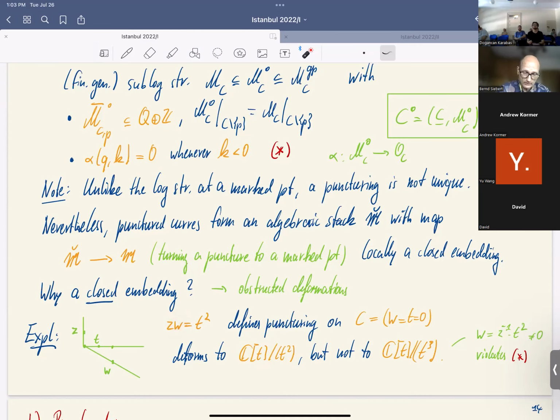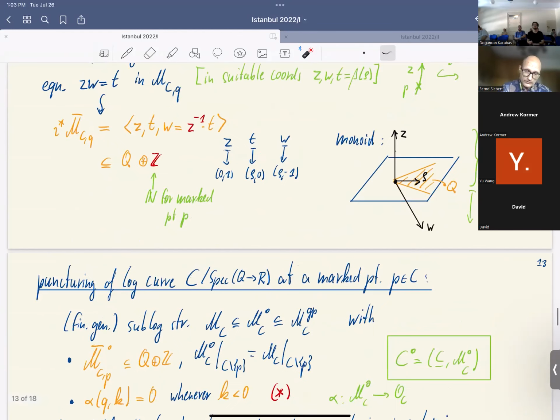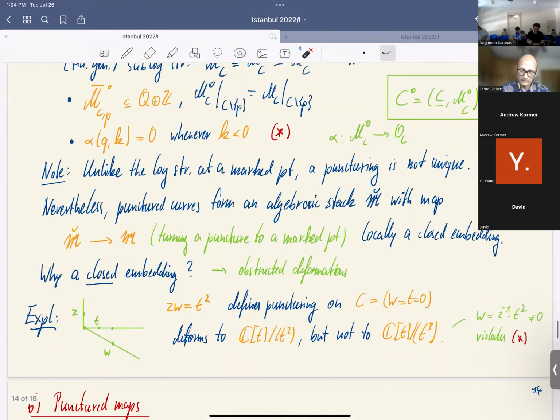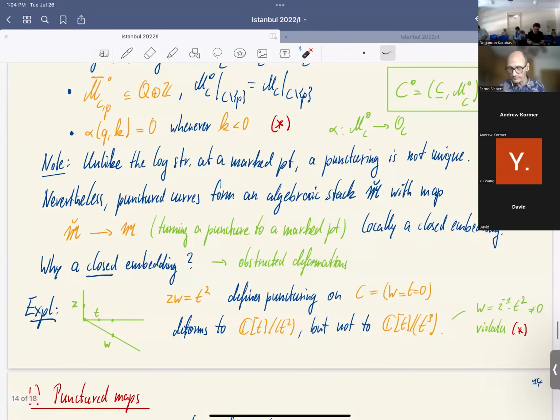So if you write down, where was it? This W equals Z inverse times t squared, that would still map to 0, right? But then if you go one order higher, that's not true anymore because W becomes Z inverse t squared, and that violates this condition. So you see that by introducing a puncturing, we have introduced an obstruction to deforming this curve to higher orders.